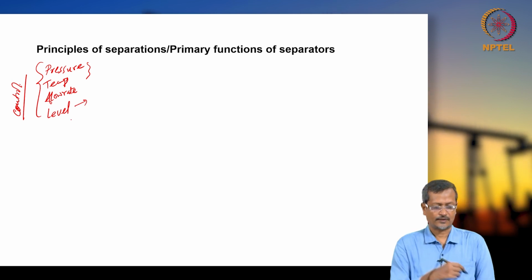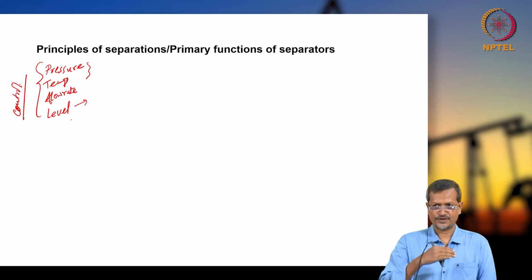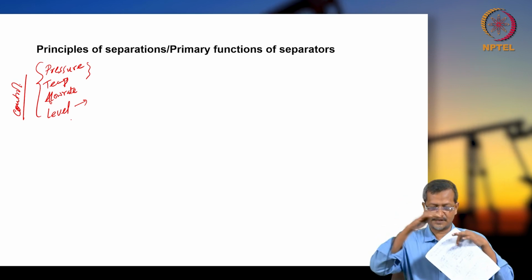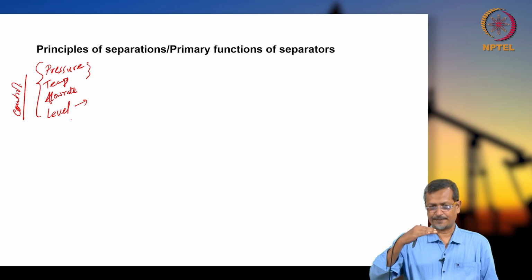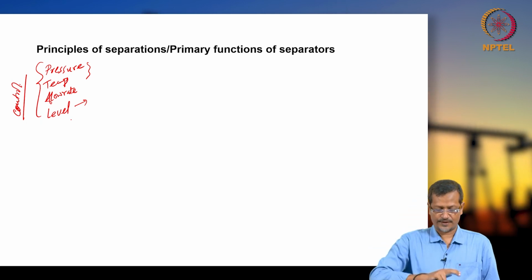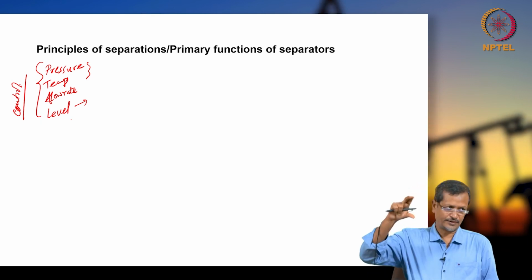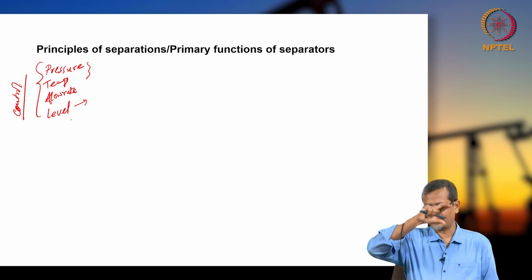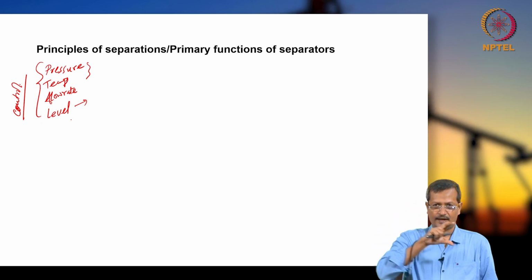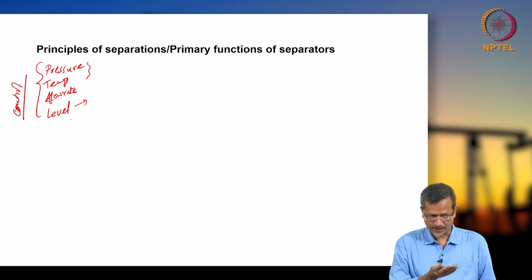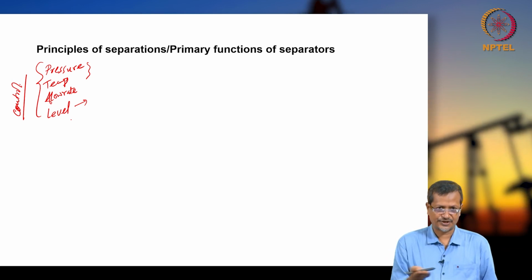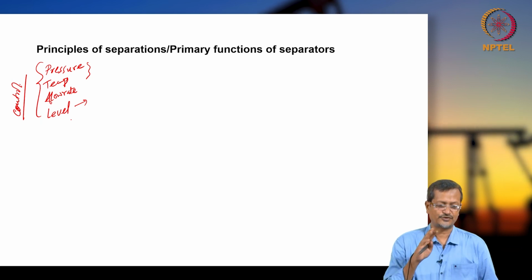Level controller I will discuss later. Level control means, in a separator system, separator means pressure vessel. In a pressure vessel, whenever fluid is getting separated into oil, water and gas, 3 layers normally will be created. Gas is the upper layer, very light, low density, oil will be the middle layer, and water will be the lower layer, and further lower will be some sand deposition layer. Okay. So, let us assume 3 layers.